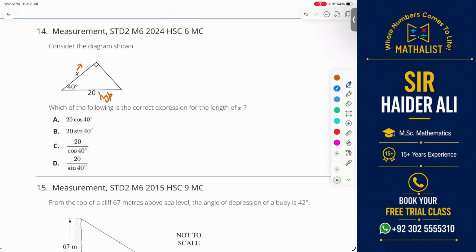And it's a common side of the 90 and the angle. The common side of the angle and 90 will be adjacent. It is a rule, right? And the side opposite the angle is opposite, right? 90 opposite is always the hypotenuse. So this time this one is the hypotenuse.